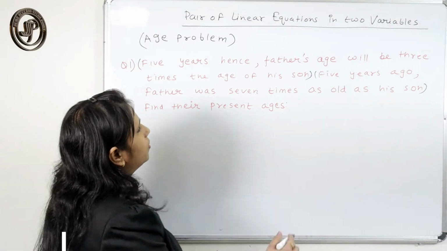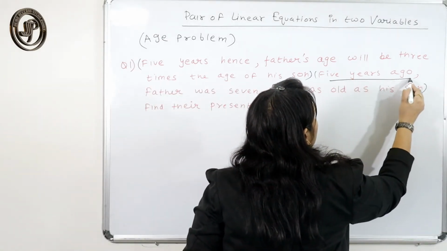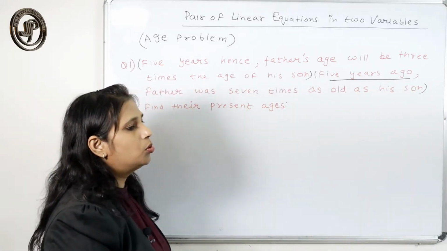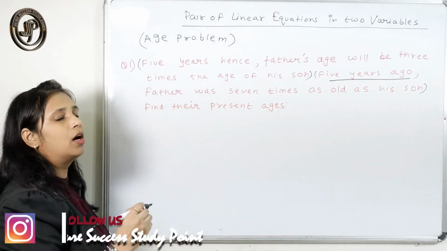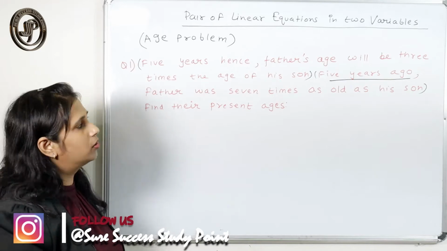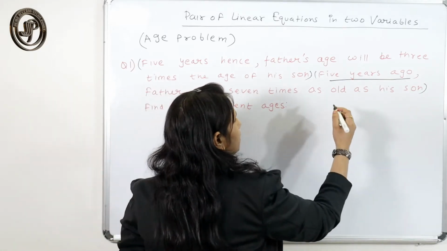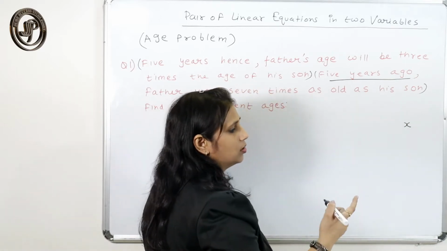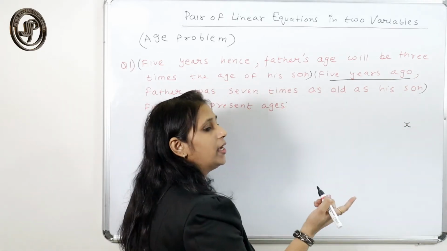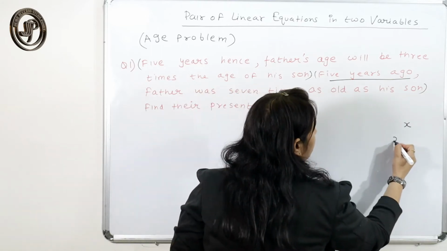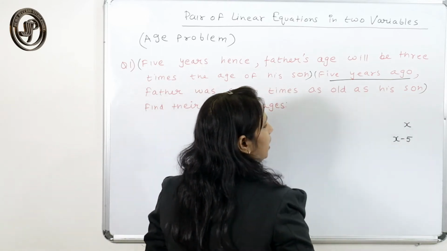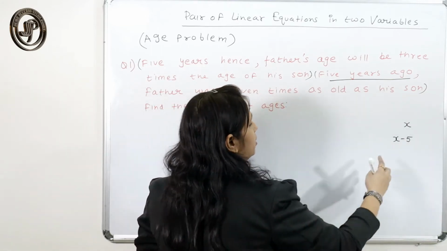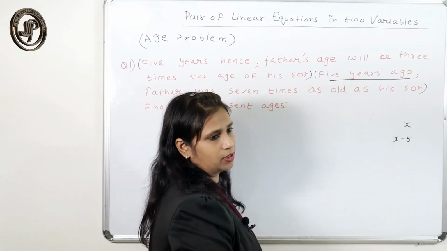So whenever the question says something about the past, you have to put the minus sign for this. If I say the age of father or son is x, then 5 years ago his age was x minus 5.